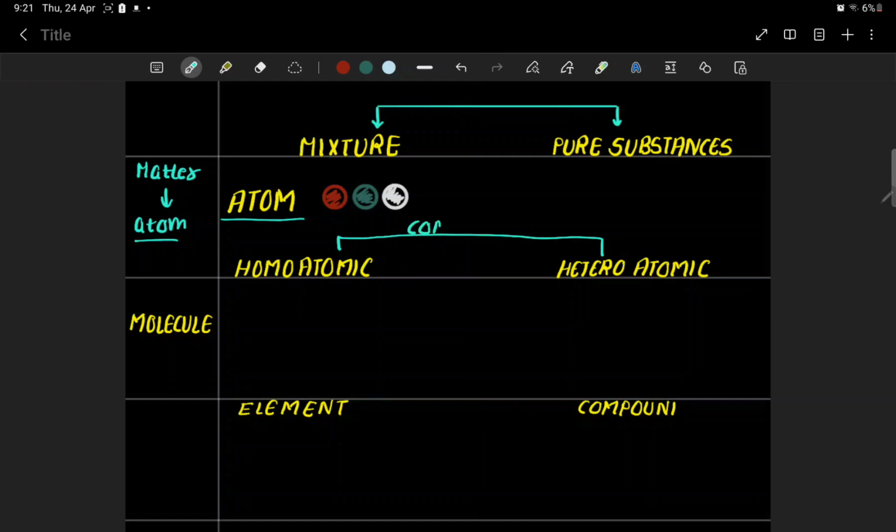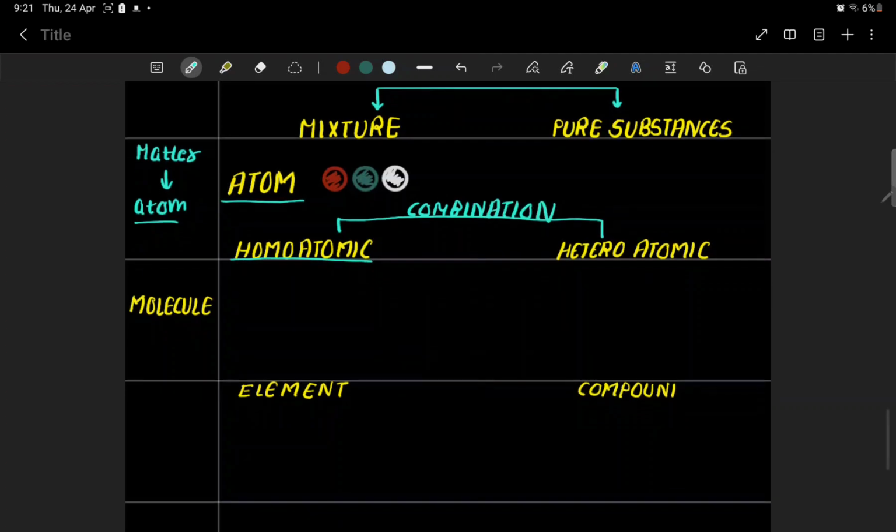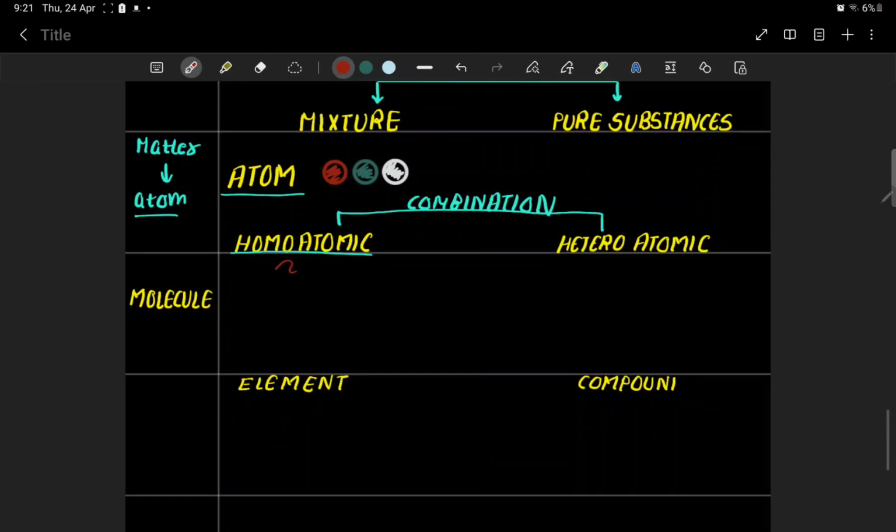Combination: we have homoatomic combination when two similar atoms combine, and we have heteroatomic combination when two different atoms combine.